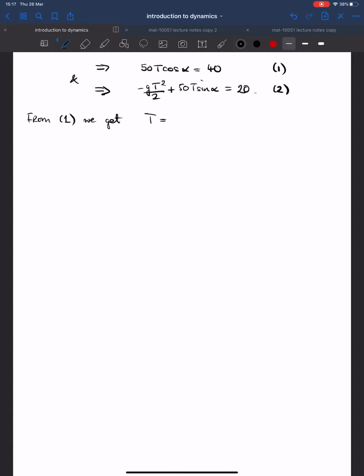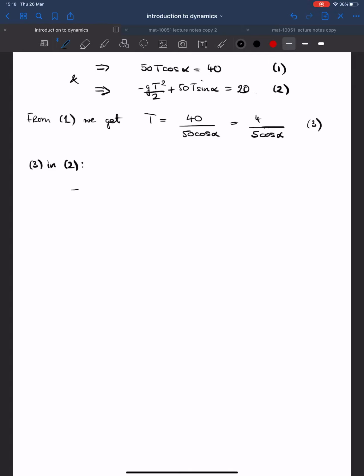The capital T is 40 over 50 cos alpha, which is 4 over 5 cos alpha. It's similar to the method last time, except you'll see there's a slight difference at the end. So this is 3.